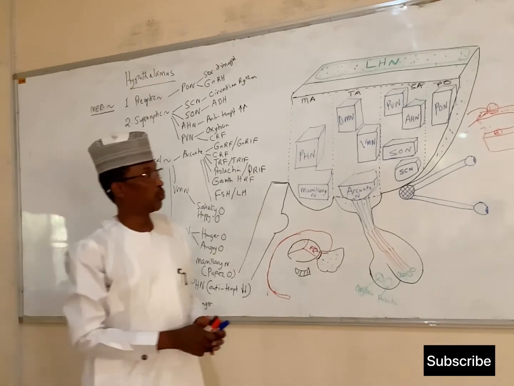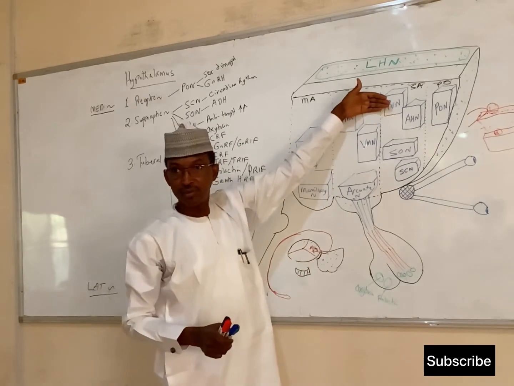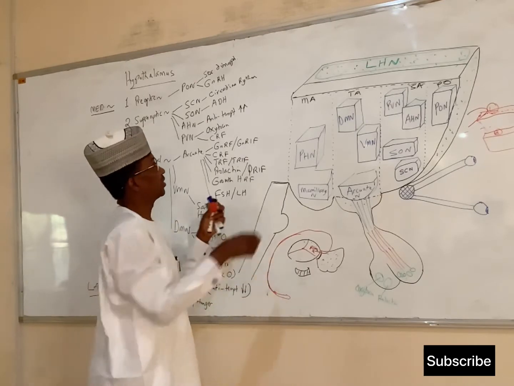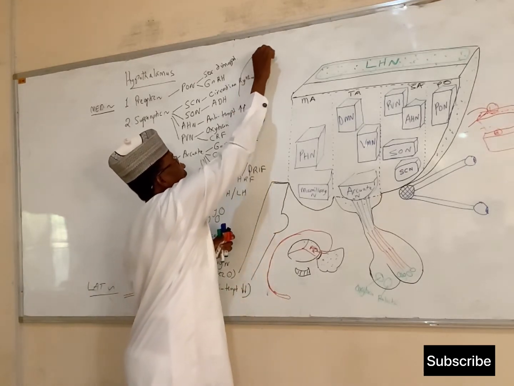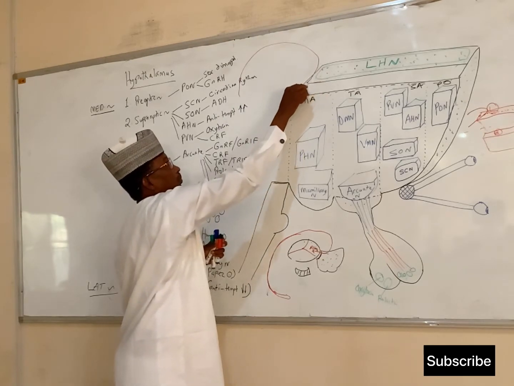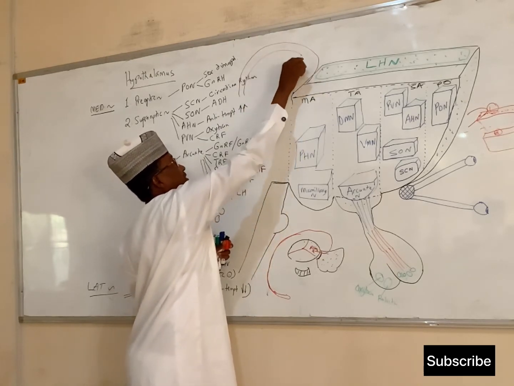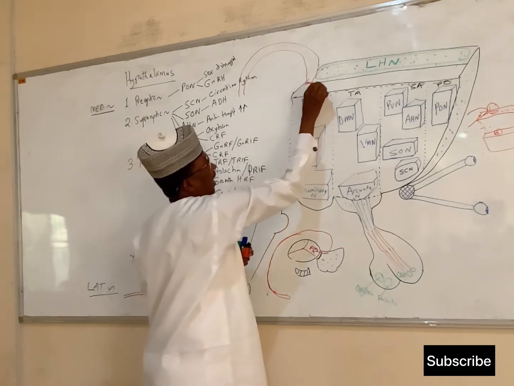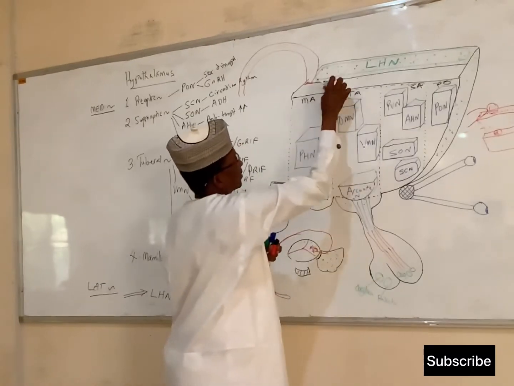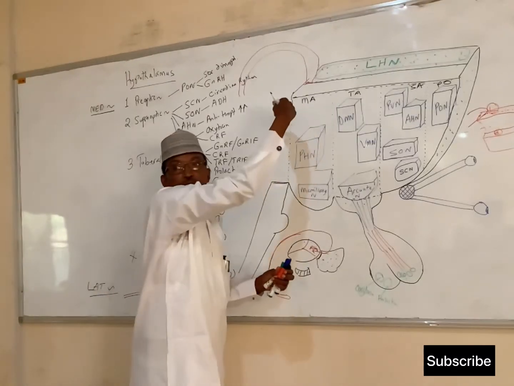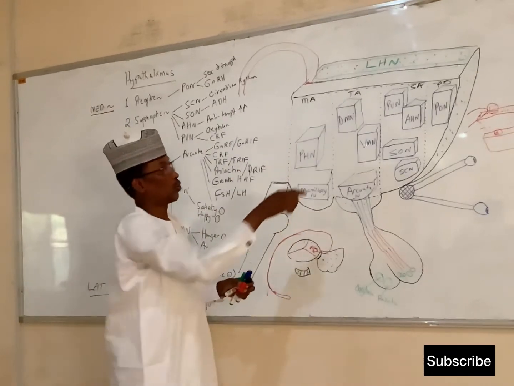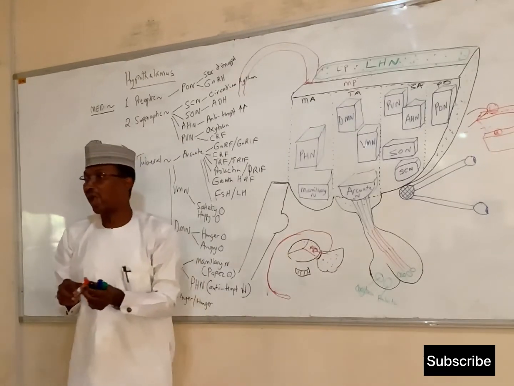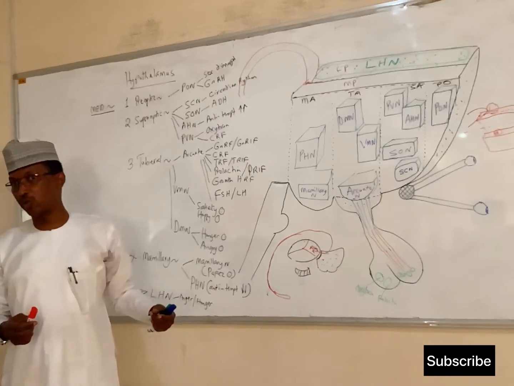Because if you now take this to be the left half of the hypothalamus, and this is our fornix curving up to come and pass through like this, so the area of entrance is here, at this side. If you now draw a line and extend it, that is the actual demarcation of the half of the hypothalamus. So we have a medial part and a lateral part of each half of the hypothalamus. Are you clear?